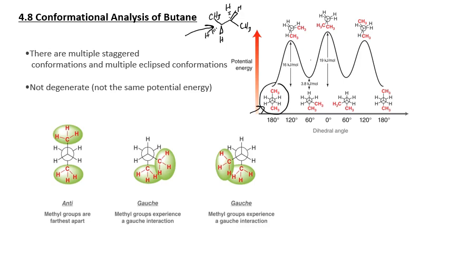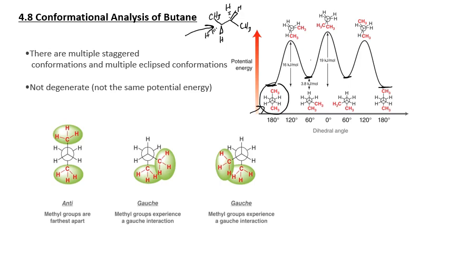All right. So our first Newman projection is a staggered conformation, but if you notice, we have a really low energy staggered, and then we have a higher energy staggered. So we have different staggered conformations. So let's try to understand what's causing that difference.